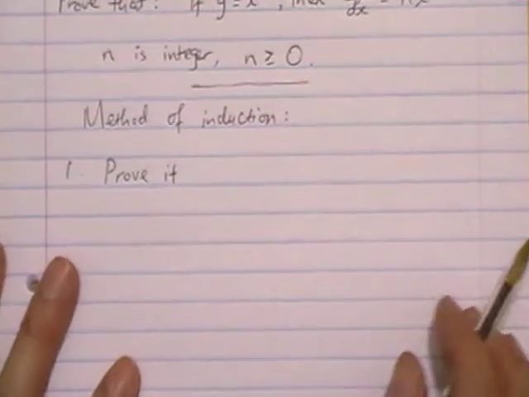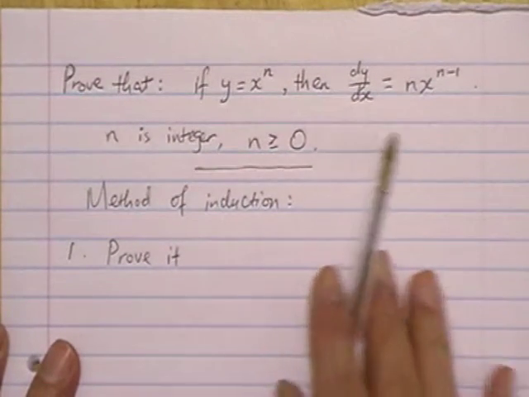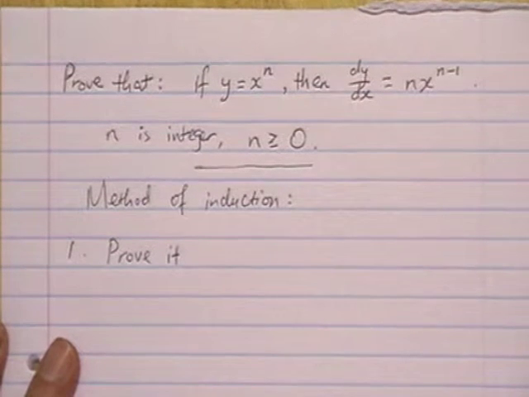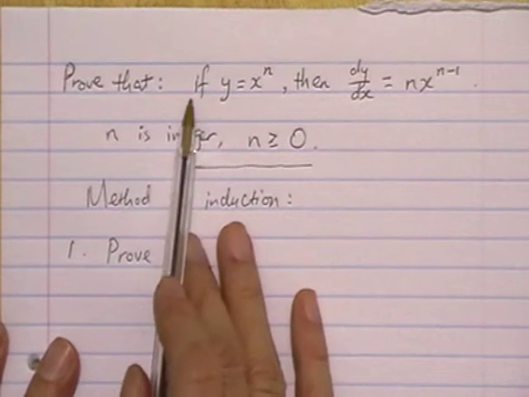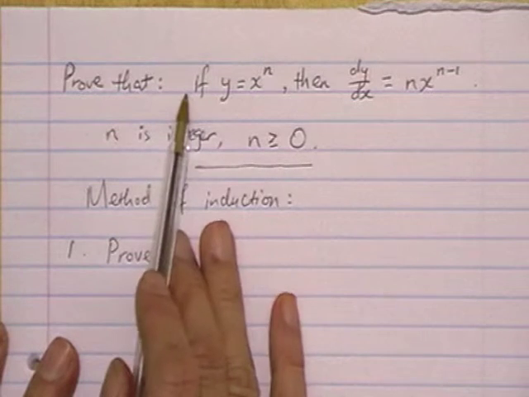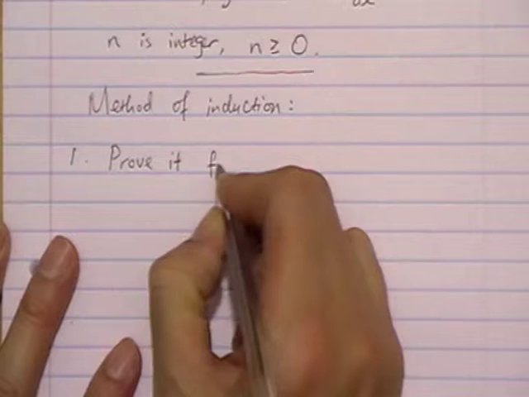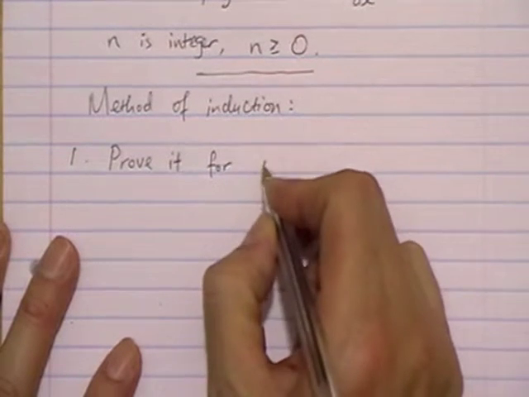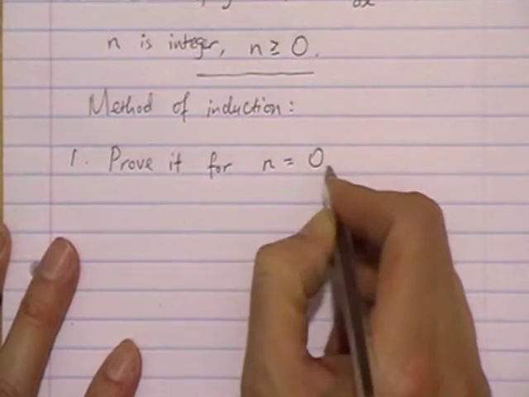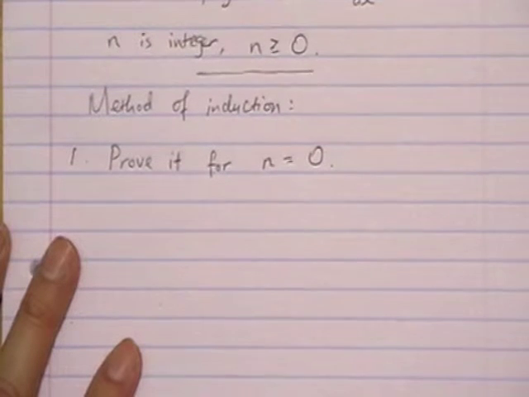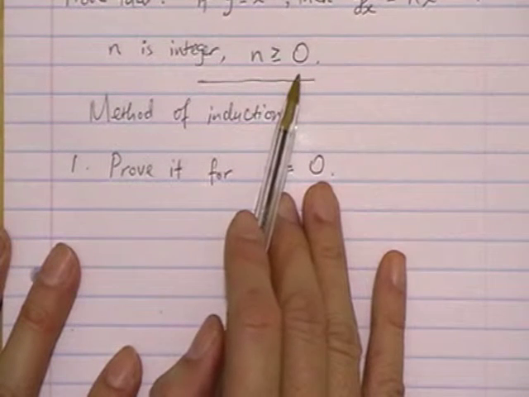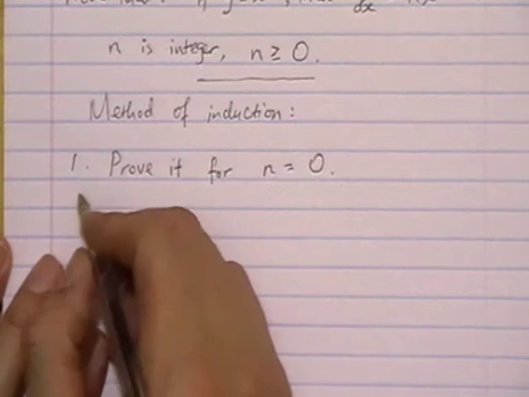It meaning the statement that I wanted to prove. So I shall prove it for the starting value of n equal to 0. Alright, that's the starting value of n.